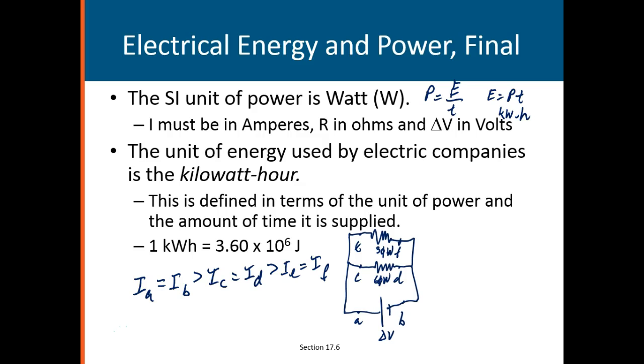So there, A was IA equal IB, good so far. Greater than IE equal IF, wrong. Well, it's greater than, but that's not greater than IC equal ID. B was IA equal IB, right. Greater than IC equal ID, right. Greater than IE equal IF.